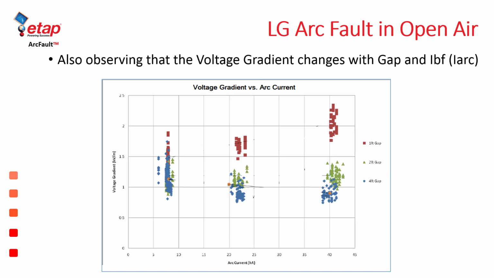This chart represents the collection of tests from research done at different laboratories. They represent how the arc voltage varies as a function of both the gap and the available current of the circuit. All of these hundreds of tests combined were used to validate the available models for arc fault simulations.